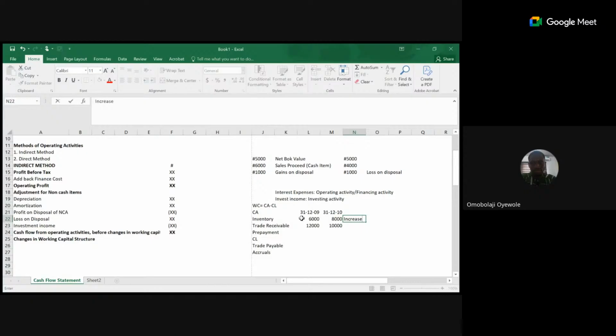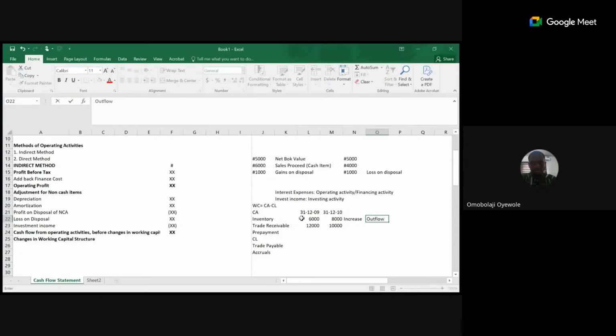So when my inventory increased, it simply means that I have bought more goods, and automatically there's an outflow of cash. It means cash has gone out. So we're looking at the cash effects now. That's why we're looking at the changes in working capital structure. Changes in working capital structure will help us to know the cash effect that has happened.